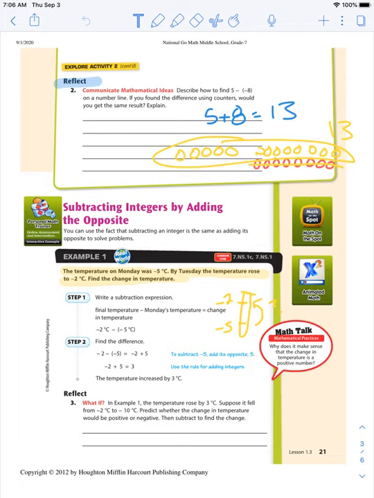We're finding the change or the difference from negative 5 to negative 2. And then to find the difference, we're going to add the opposite, just like we did in the last one. So negative 2 minus negative 5 is the same thing as adding the opposite of negative 5, which is positive 5. So negative 2 minus negative 5 equals negative 2 plus 5.